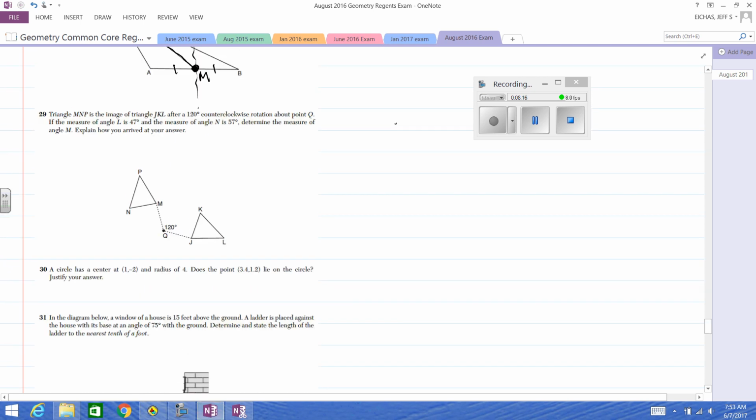All right, let's see, we're going to have a rotation centered at Q. Angle N is 57 degrees. Put that in there. Angle L is 47. If we're using a rotation, corresponding angles are going to be congruent, because that's a congruence transformation, or better, the term they want to see is probably rigid motion transformation.